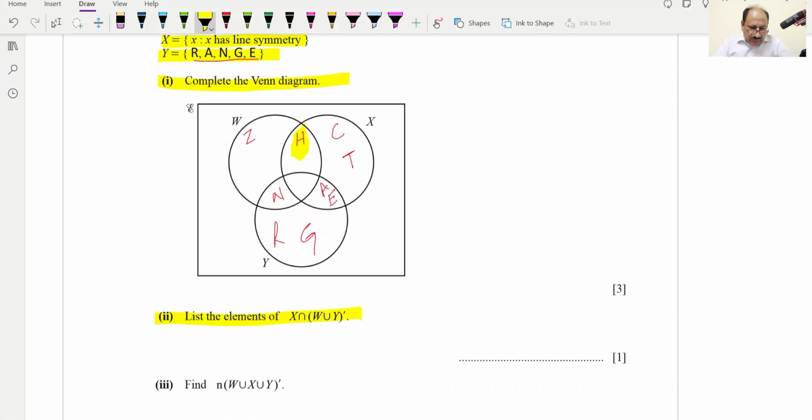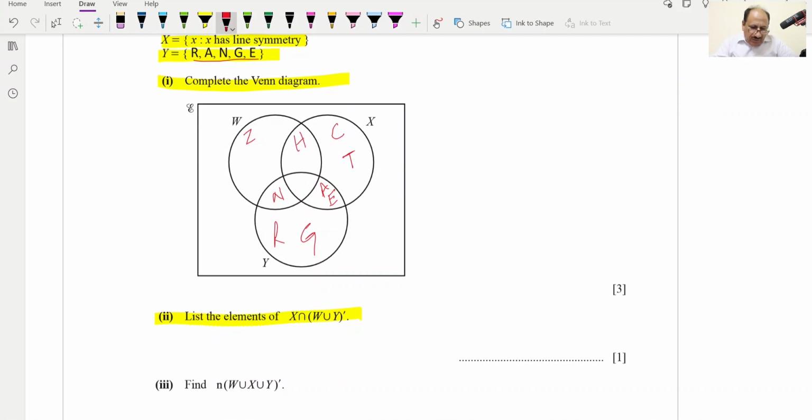H, this is the intersection portion, only one. So we need to list the elements. So no, not this one. Basically this will be the complement with union with X, so this will not be the area.